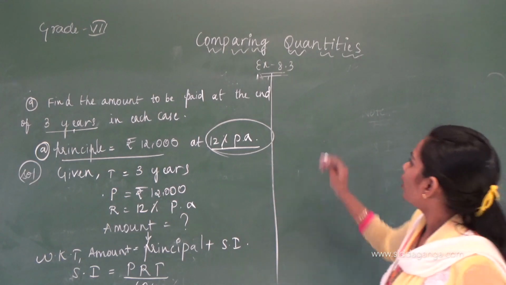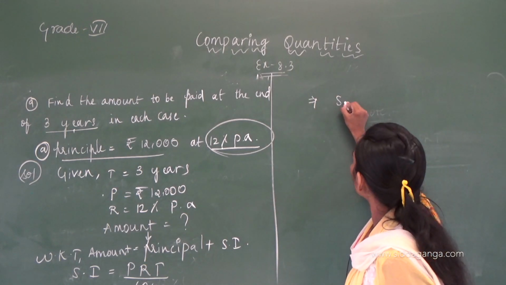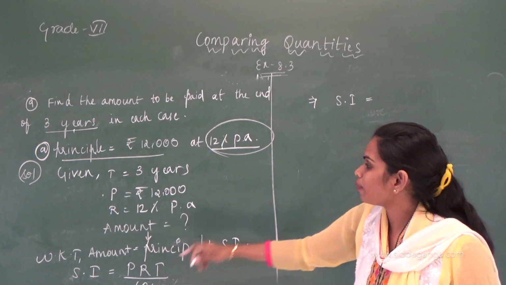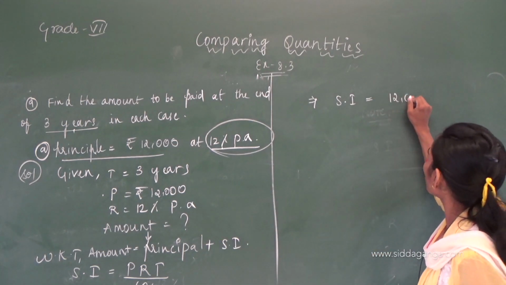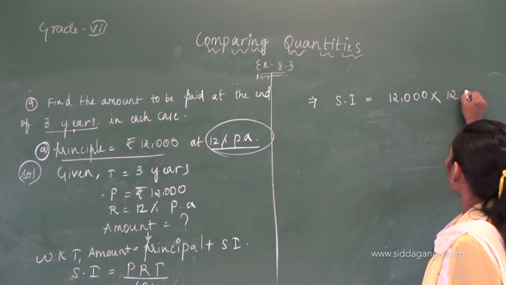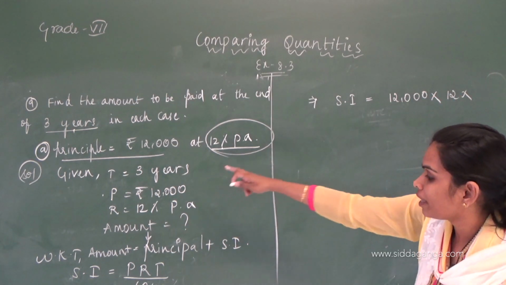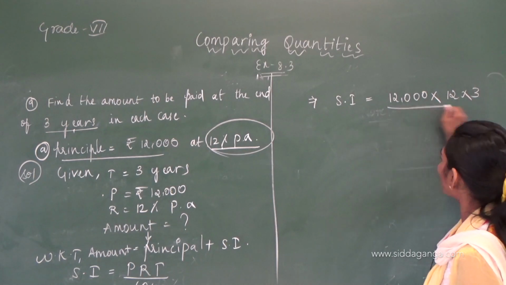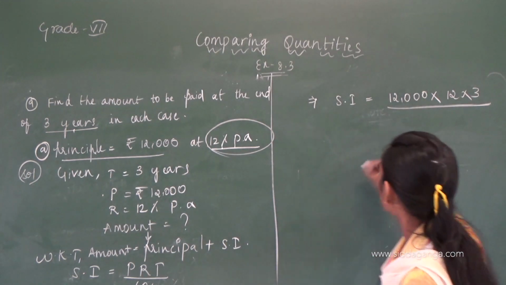SI like that only we have to write. P means 12,000 we have to write, R means 12, and T means 3, divided by 100.